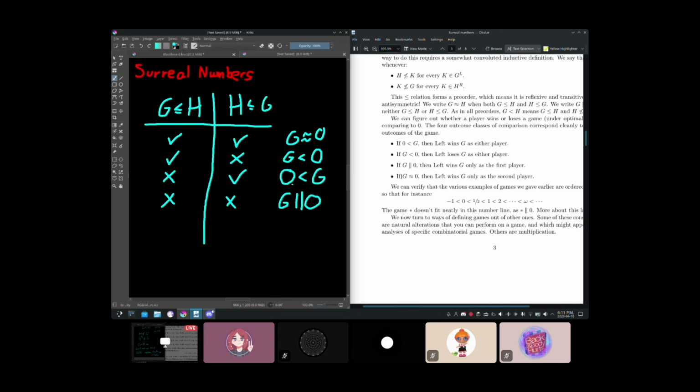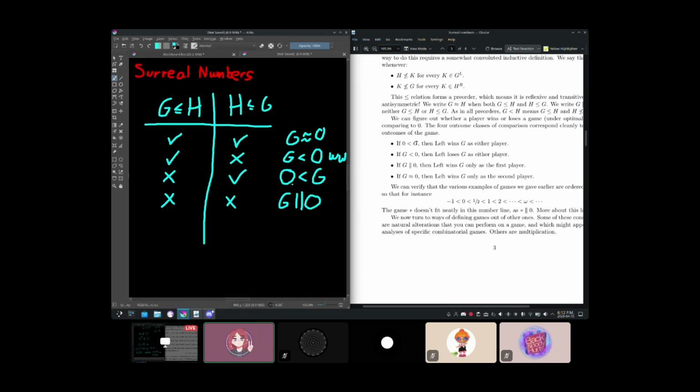So these 4 outcomes correspond to the different outcomes for left winning or losing as the second or first player. If 0 is less than G, then you can prove that left has a winning strategy as both players. So this is kind of the win-win outcome. I don't have a lot of space to write it down here, but I think it makes sense.